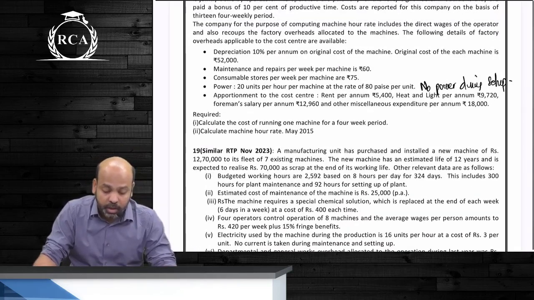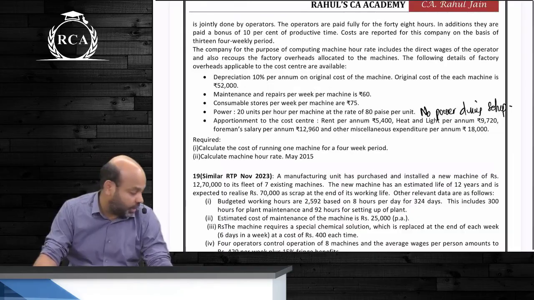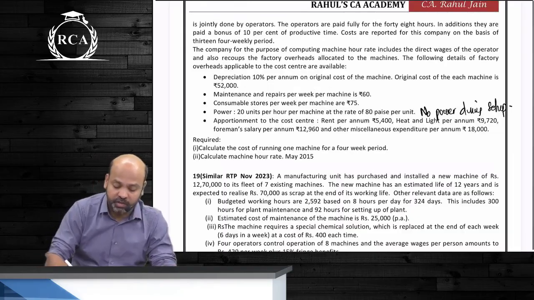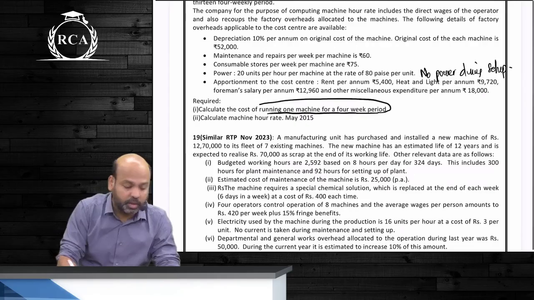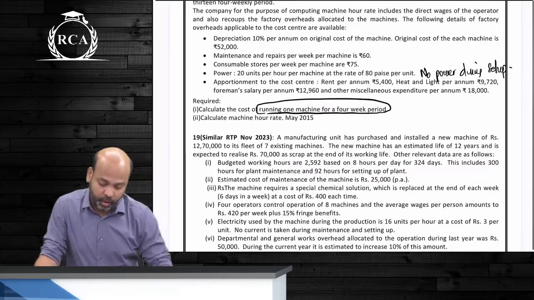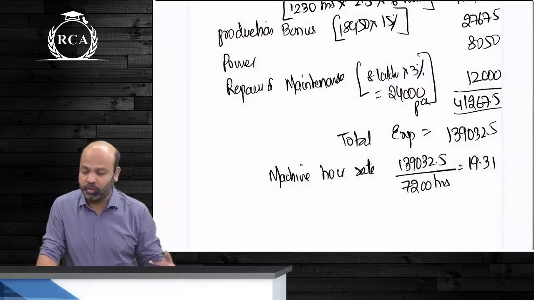Work done. Now, you know better that you'll have to compute expenses. Cost statement, guys, of one machine. Are we clear about that? Write that too, beta. Requirement is to compute cost statement only for one machine.